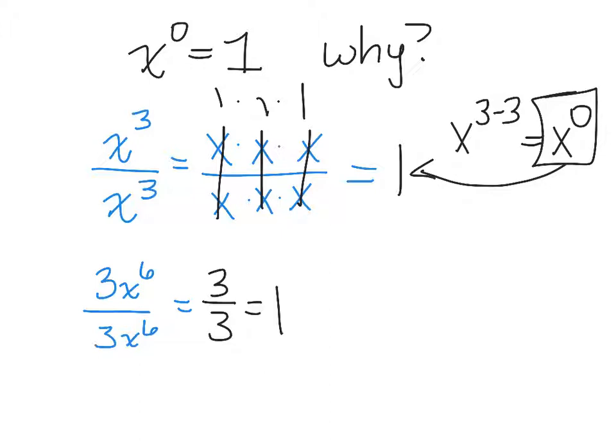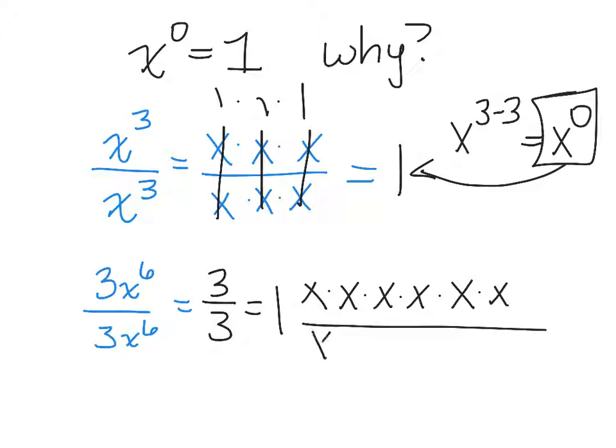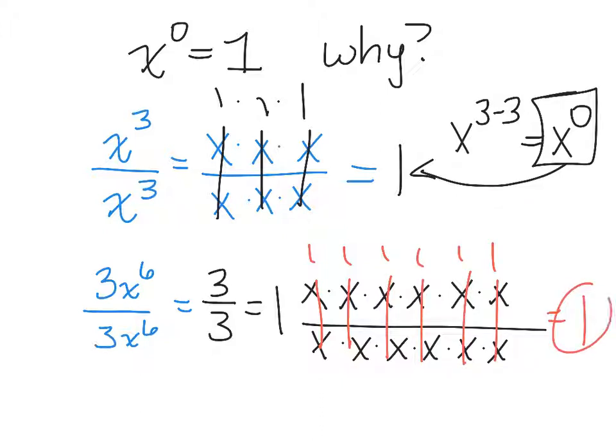But then, more importantly, your exponent, your 6 and your 6, you're just going to have x times x times x times x times x times x over the same thing. And again, it's just going to all simplify down to be 1s. So, because it's all 1s and 6 minus 6 is 0, it ends up just equaling 1.